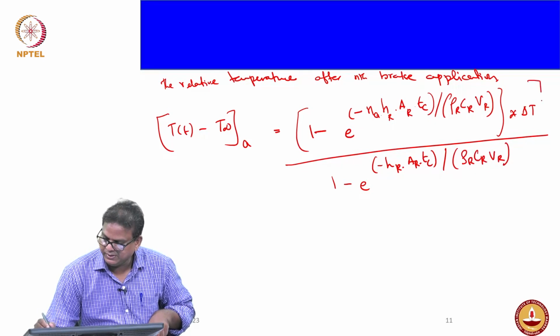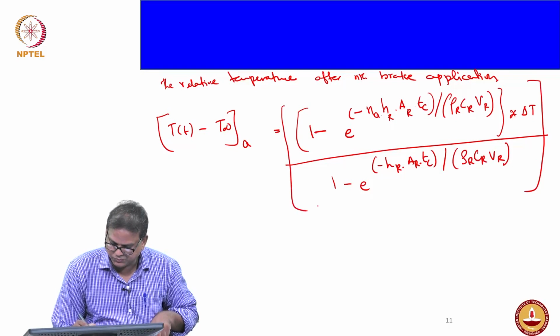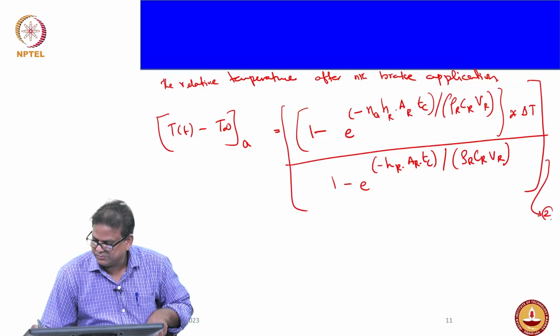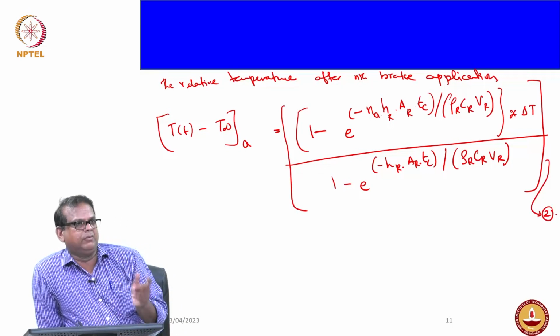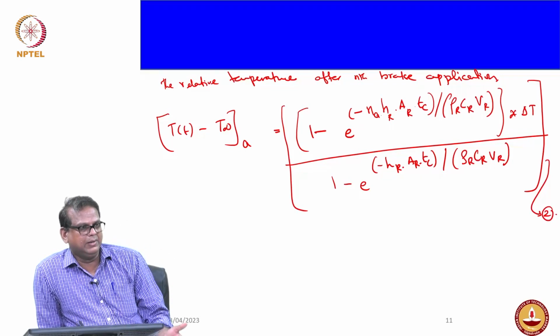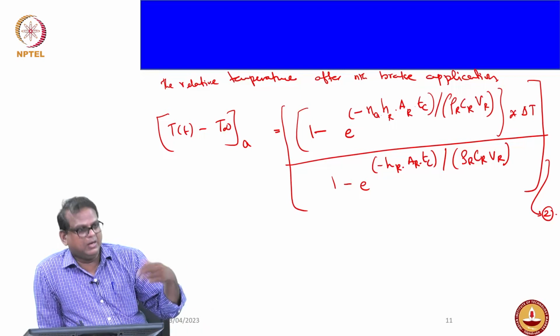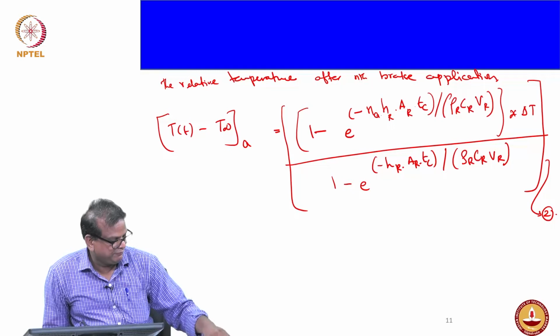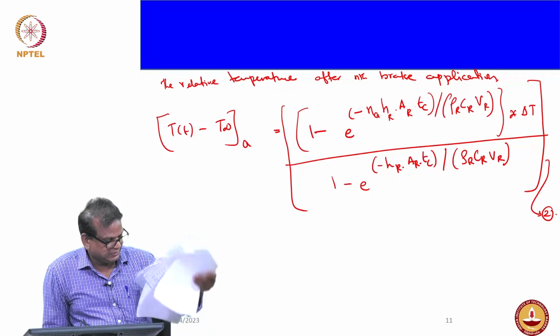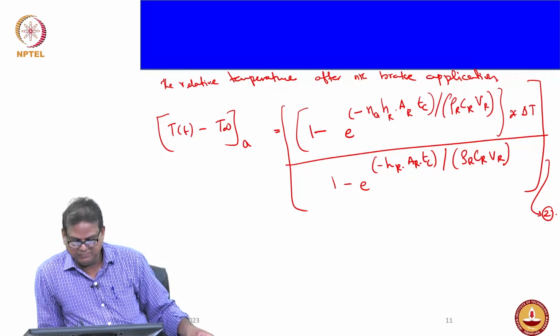So this is equation number 2. You have to find the relative temperature before the nth application and the relative temperature after the nth application. This is the way you need to find the relative temperature in a repeated braking system.